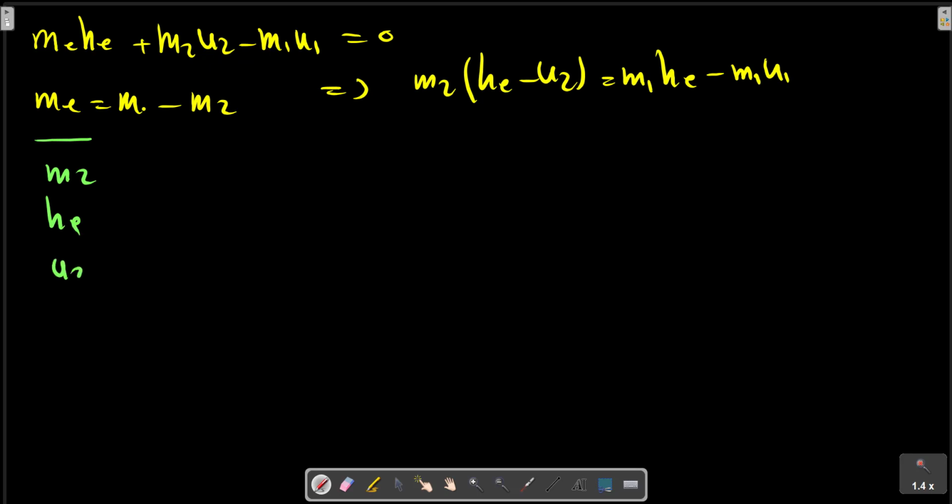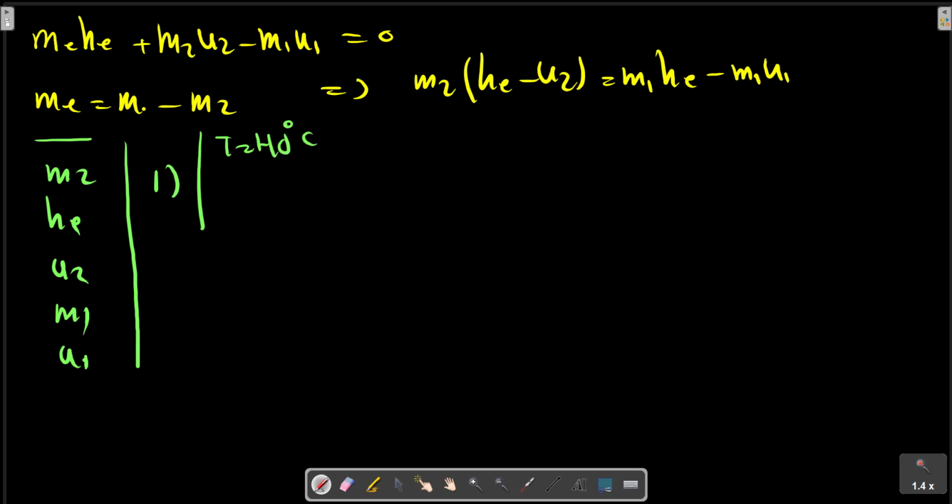At state 1, we have temperature equals 40 centigrade for table B. For the ammonia, the table is B.2.1.